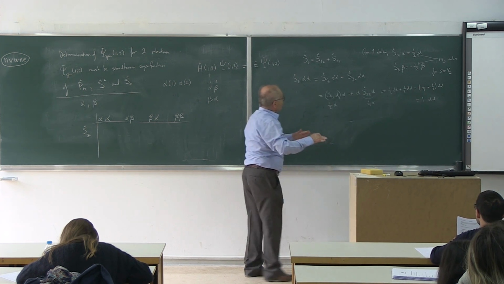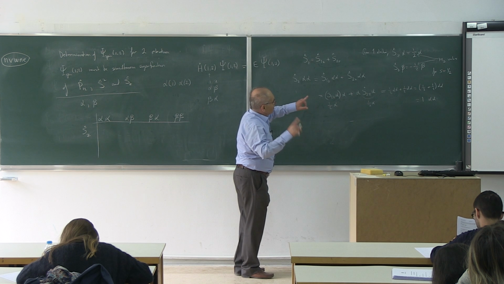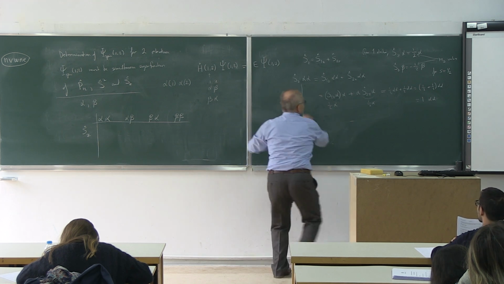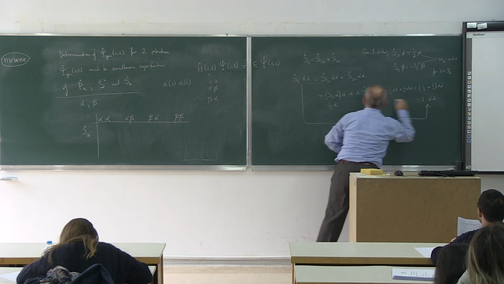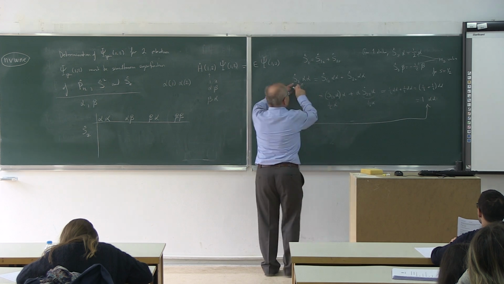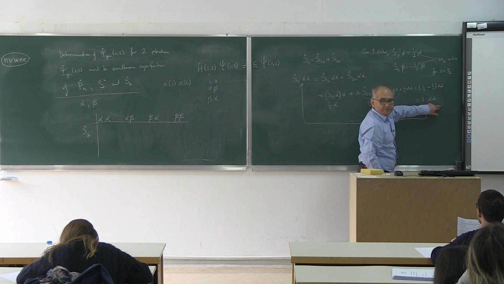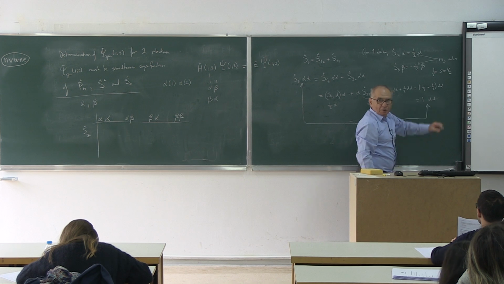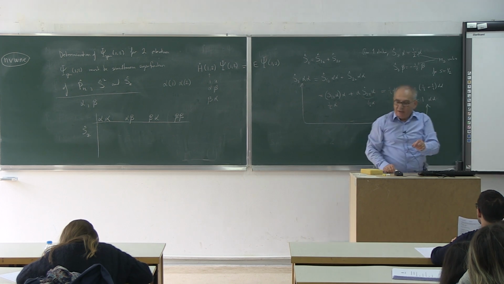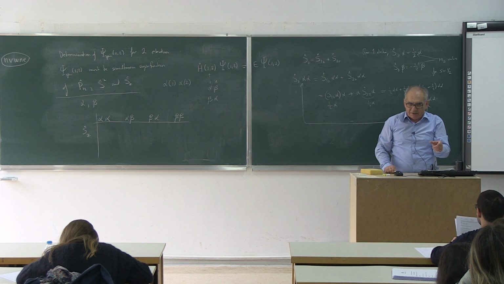Now, therefore, what do we conclude? Operator acting on alpha times alpha equals eigenvalue times alpha times alpha. So, alpha times alpha is an eigenfunction, isn't it? Eigenfunction of which operator?